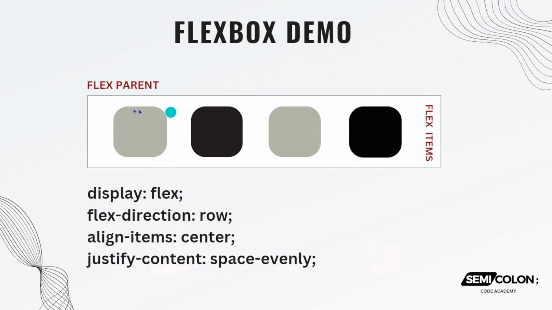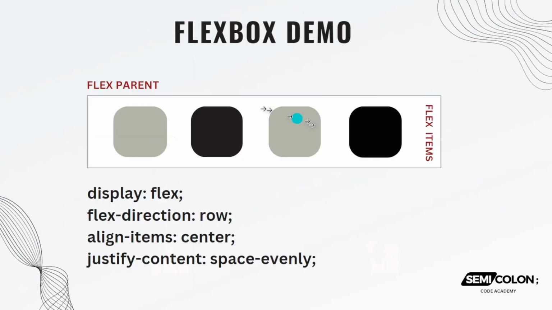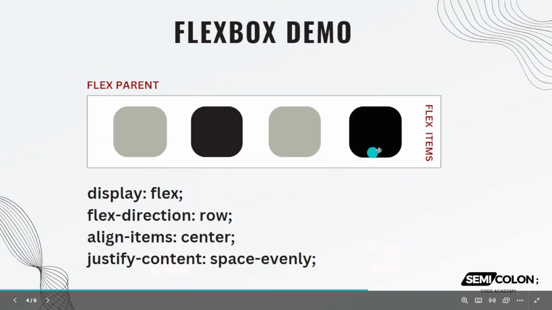In this context, the flex parent is the big white box, and these are the flex items, right? Now, how do you define an element as a flex element? You assign the property of display flex. This basically tells CSS to view this container as a flex container, right?